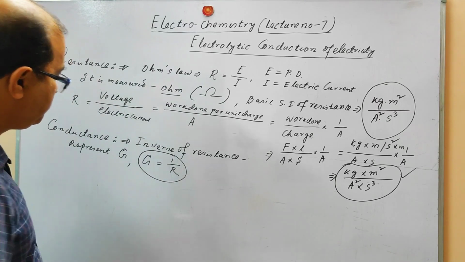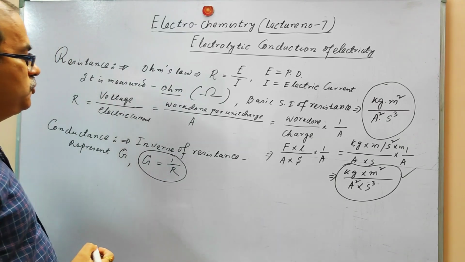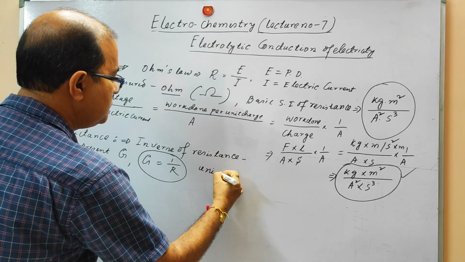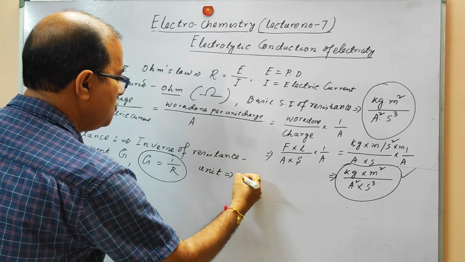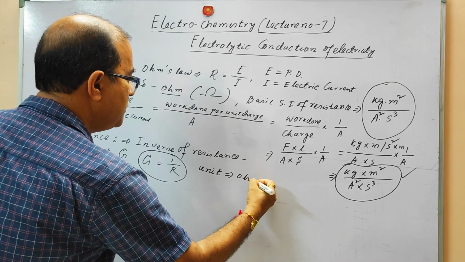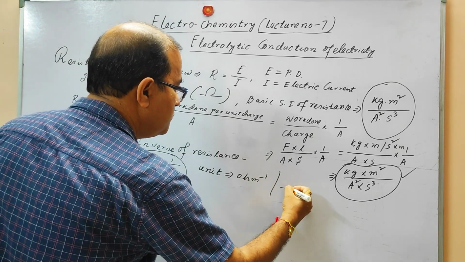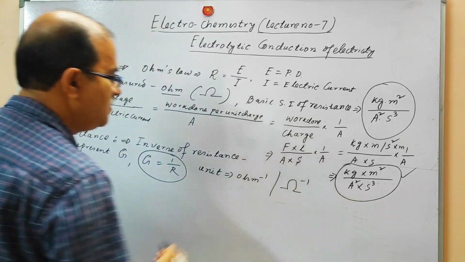So naturally, what will be the unit of G? The unit is ohm inverse, or we can write with its symbol, inverse.